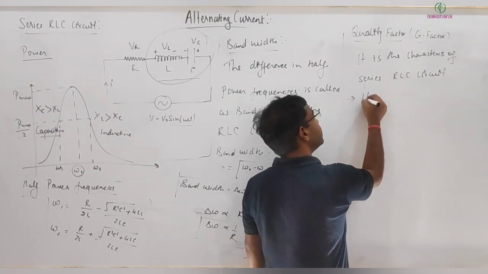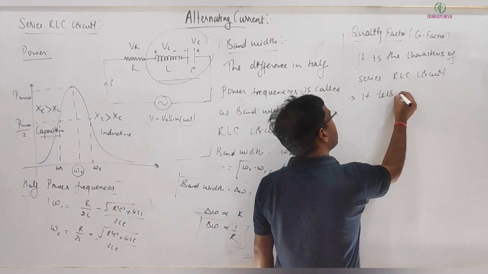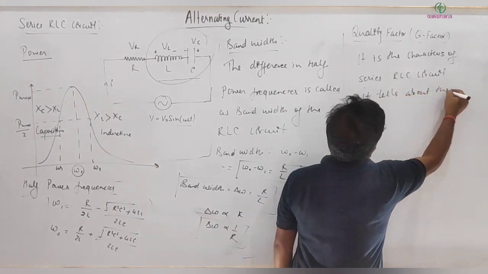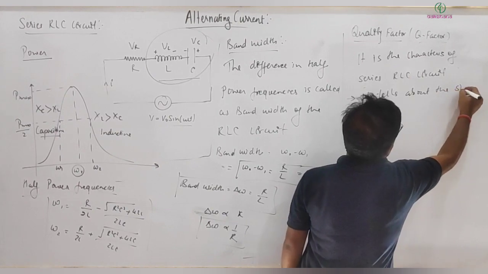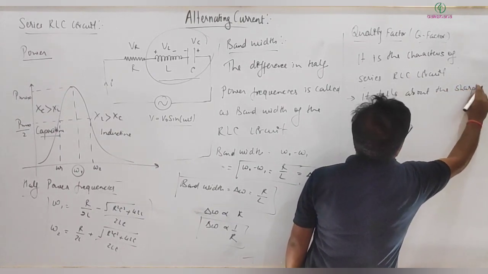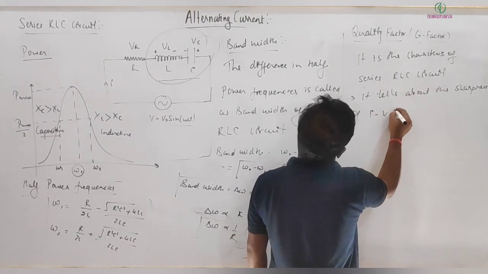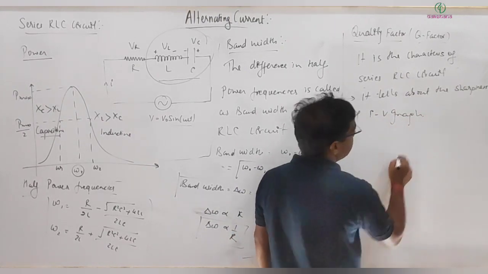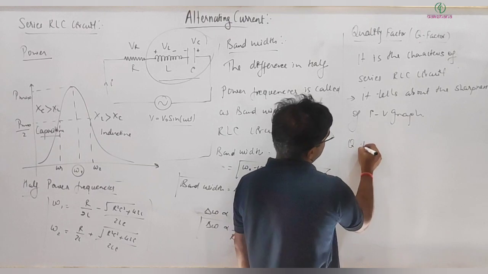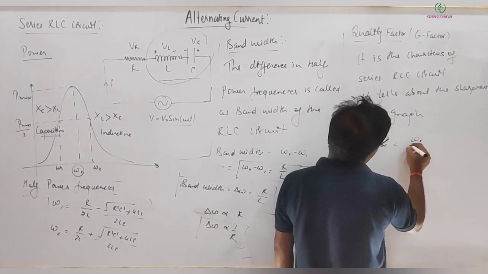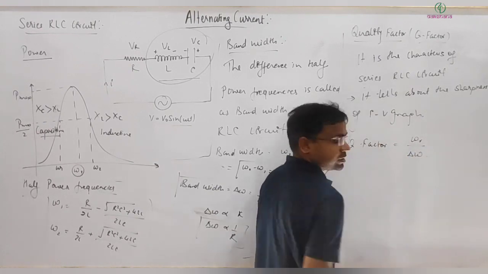It is about the sharpness of the I-V graph, and quality factor Q is defined as omega resonance divided by bandwidth.